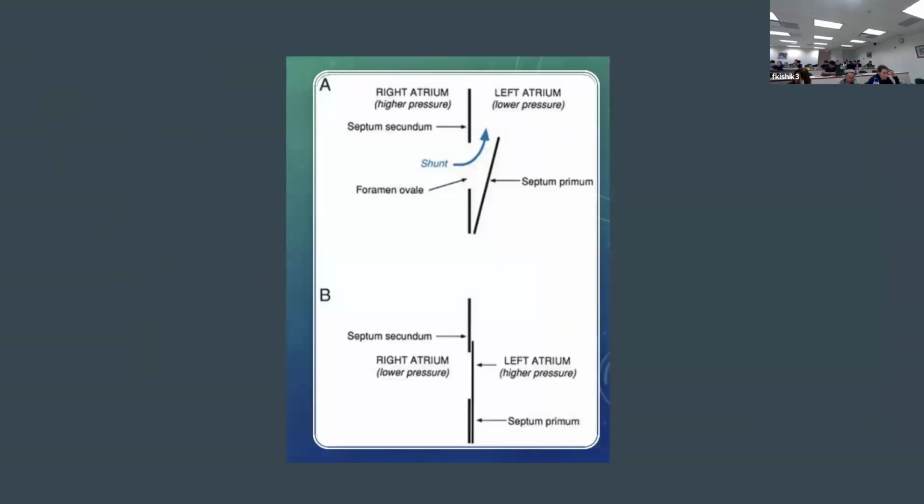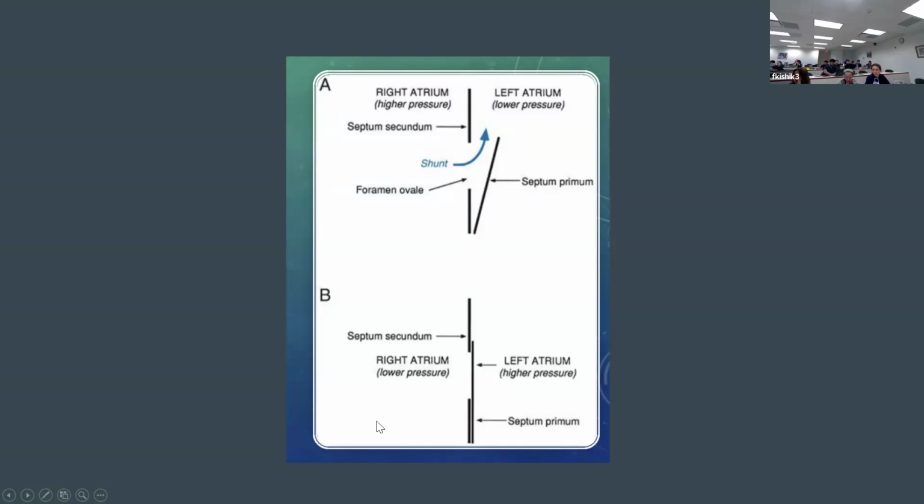Let's see. So this is just a little diagram of the shunting in foramen ovale. This kind of shows you what happens after the baby's first breath. So there's right to left shunting in utero, and then once the pressures switch, the PFO has a little flap and it seals it shut.